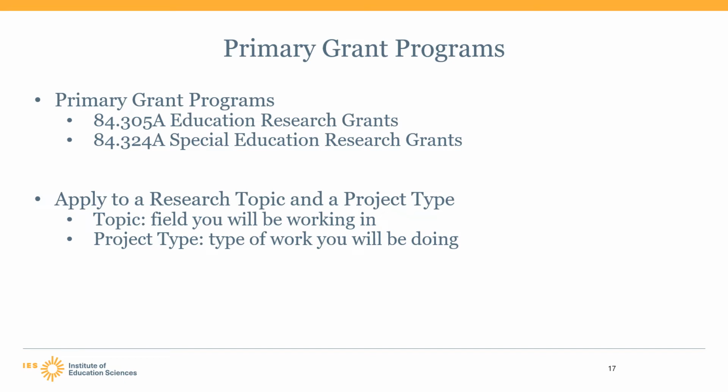With the A RFAs, you will need to apply under a topic project type combination. Over the next few minutes, we will provide a high-level summary of the topics and project types we are competing in fiscal year 2021.